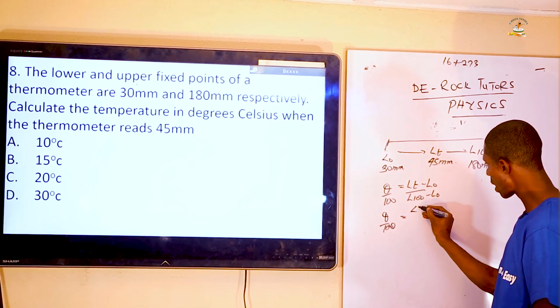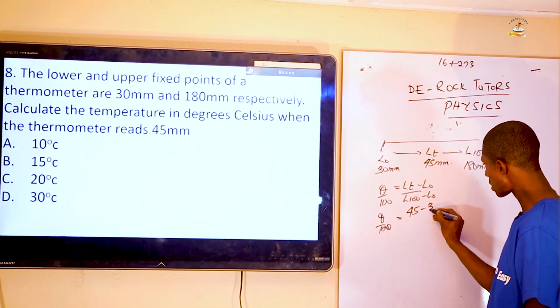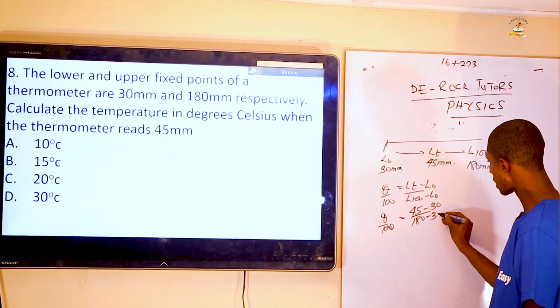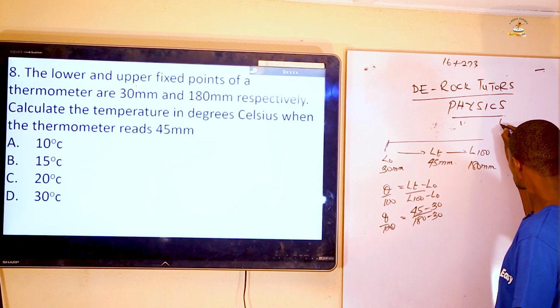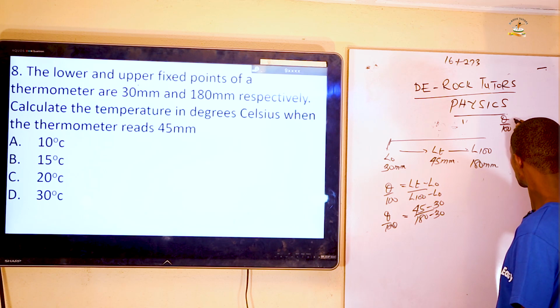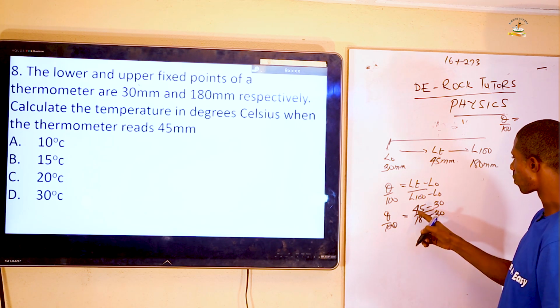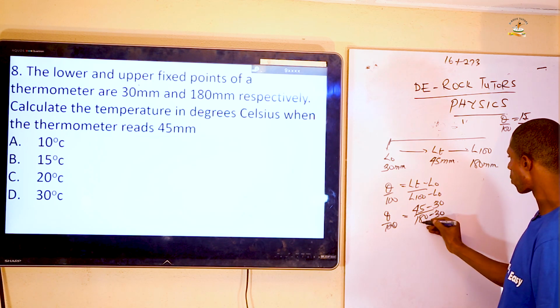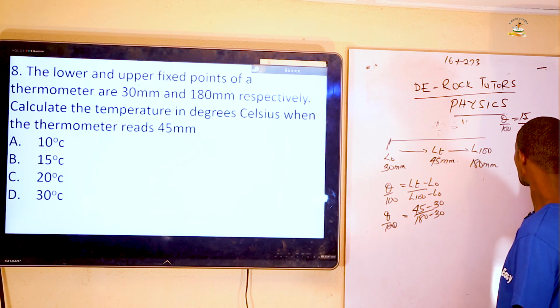So if I have 45 here minus 30, I also have 180 minus 30. With that, if I take away 30 from 45, that will give me 15. So also taking away 30 from 180, I will have 150.